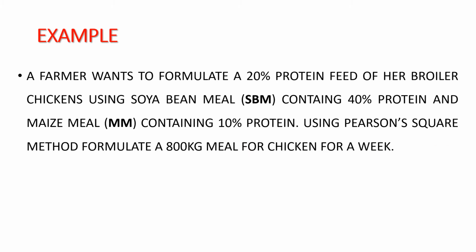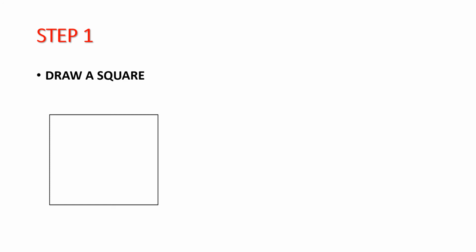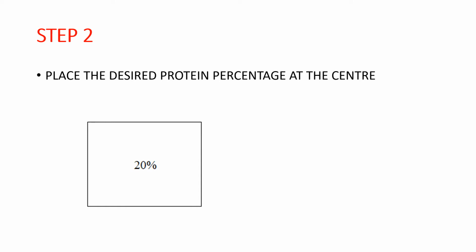From the example, we're going to follow the steps which we have already learned. Remember, step number 1, we said you draw a square. So here is the square. It's just a matter of drawing the square. Can you try that on a piece of paper? Then step number 2, we mentioned that you place the desired protein percentage at the center.